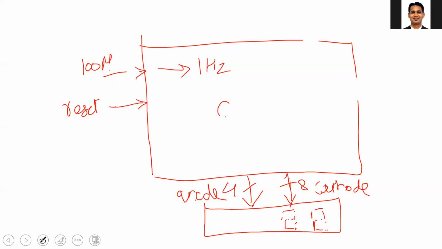Then we need to design a counter. This counter will be run by the 1 hertz frequency, and it will increment the counter. This is the mod 60 counter because we are designing the seconds counter. And the value of this counter needs to be displayed on the 7-segment display.